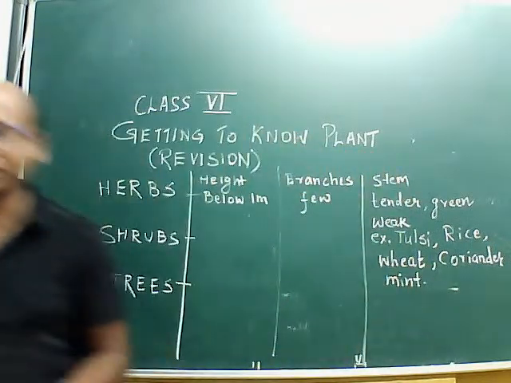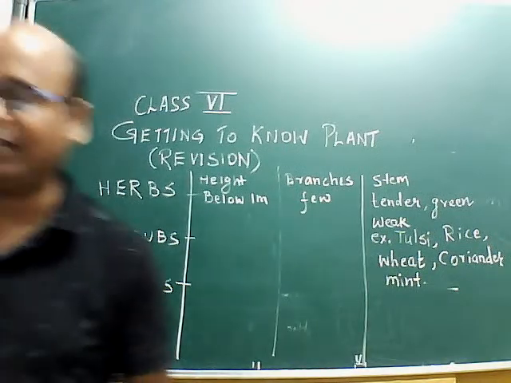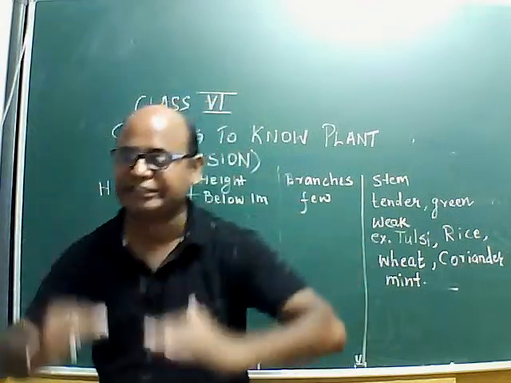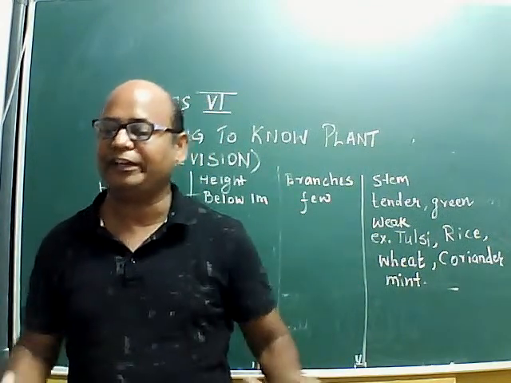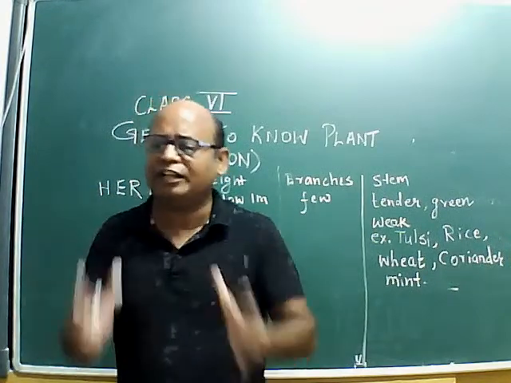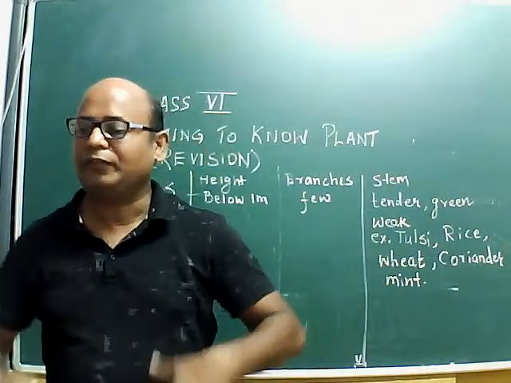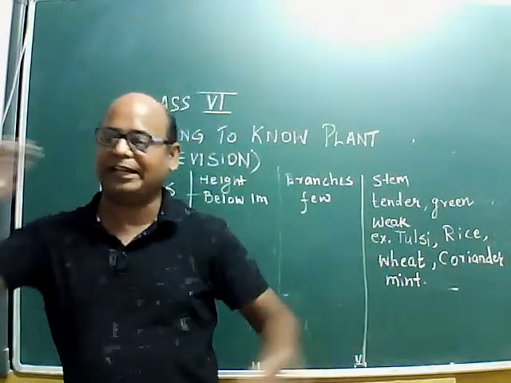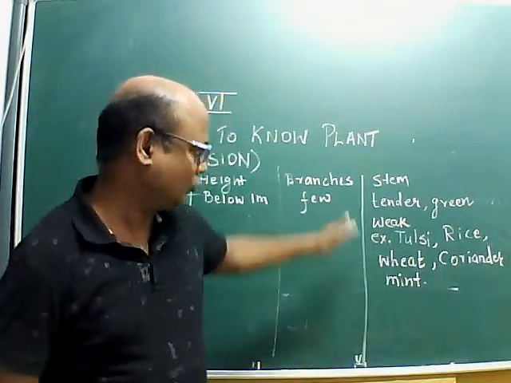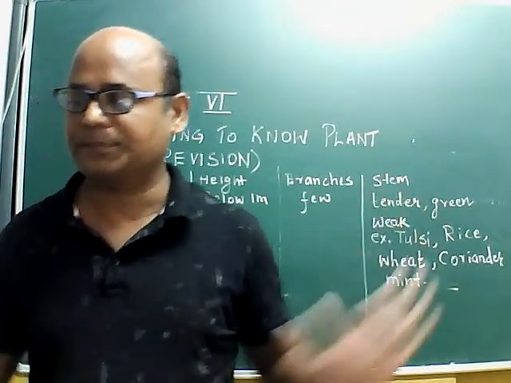So it is very much clear that herbs are very small plants below 100 centimeter, and they have very tender, weak, sometimes green stem, and very few branches. We will classify such small plants as herbs: rice, wheat, grass, coriander, mint.